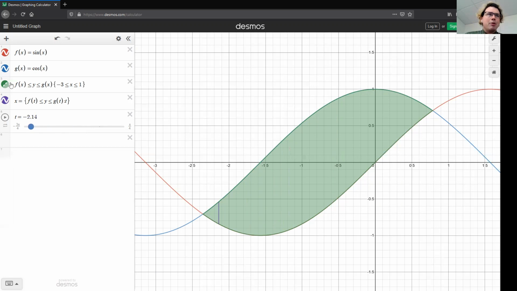So here in purple, let me get rid of that green, it's making it hard to see. Here in purple, I have a line segment. And as I move my slider left and right, this line segment covers up the whole area between the two different curves, like so.